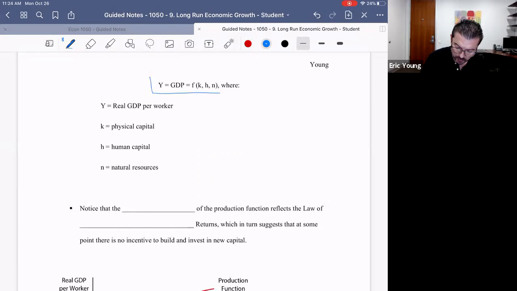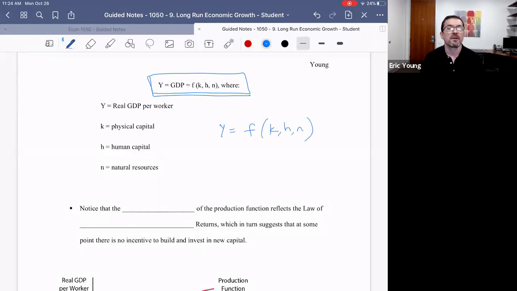This is, of course, a simplified model, but this simplified Solow production function says that Y, which is GDP, is a function of K, H, and N, where Y equals real GDP per capita, K represents physical capital, H represents human capital, and N represents natural resources.